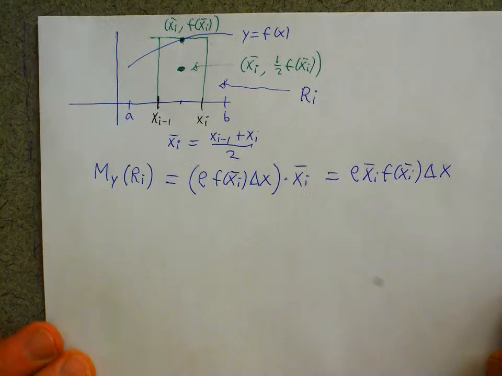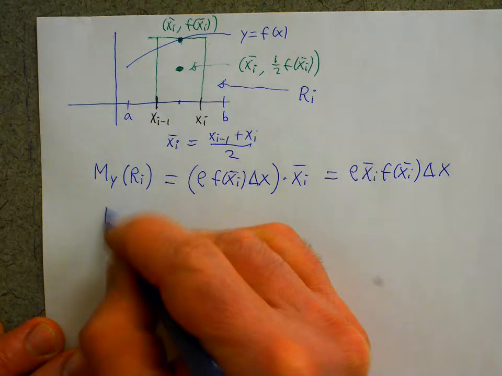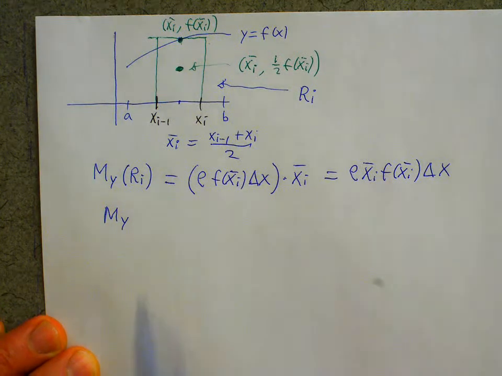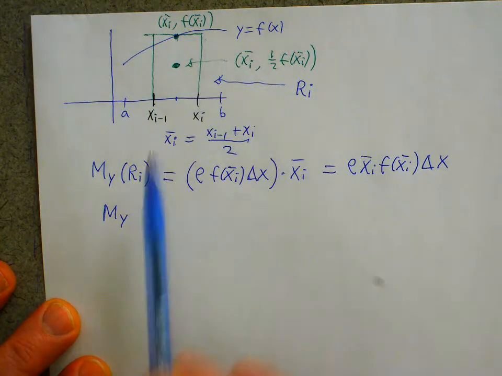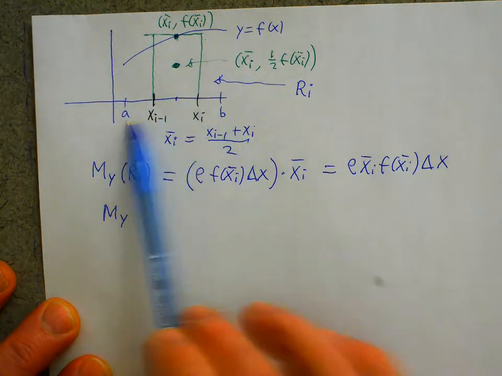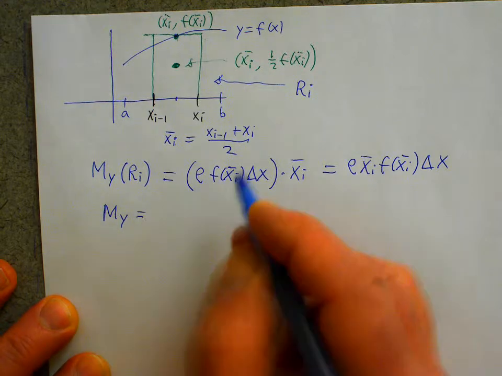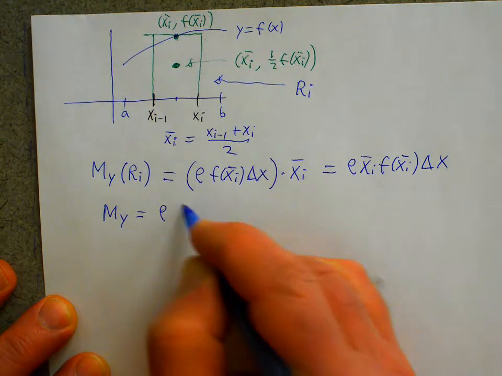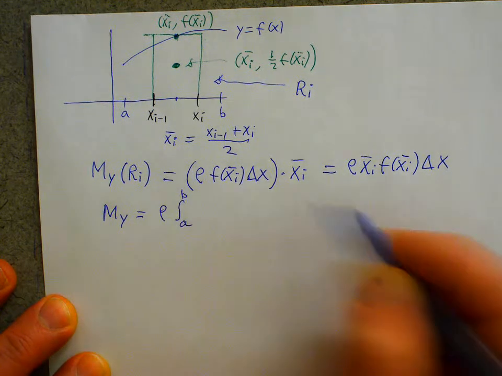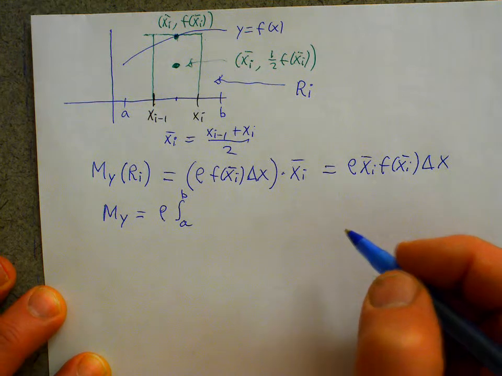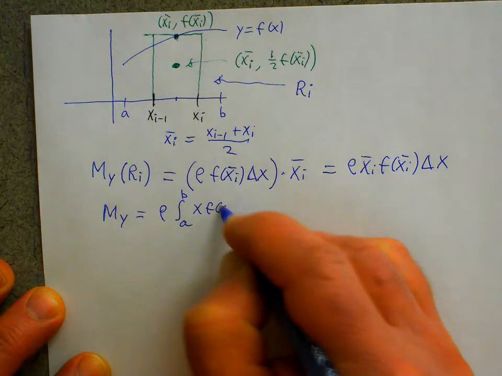Then if we take the limit of the sum, the moment of the entire region below f of x on the interval from a to b about the y-axis is rho times the definite integral from a to b of x times f of x dx.